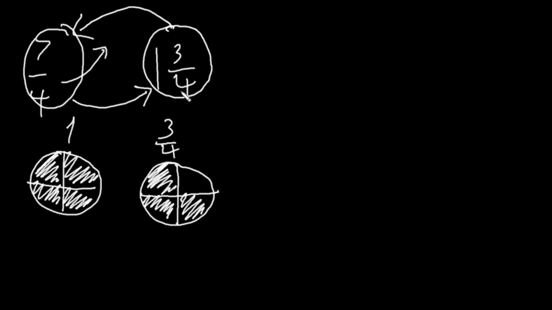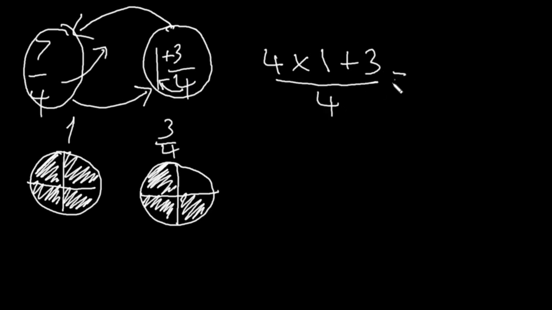We'll just multiply our denominator by our whole number and then add 3. So we'll have 4 times 1 plus 3, and then we'll put that whole thing over 4, right? Because we're dealing with fourths. And then we would say 4 times 1, which is 4, plus the 3, which is 7, over 4. So we've just converted it back.